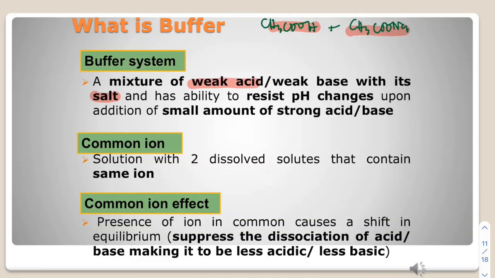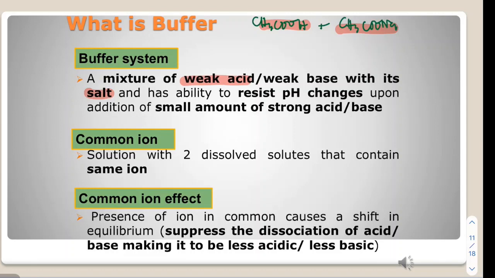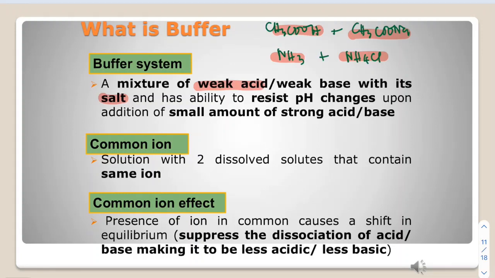A buffer also can be a basic buffer. An example of a basic buffer is when we have a weak base NH3 and its salt NH4Cl. When we have these two in the same container, we say that we have a basic buffer.